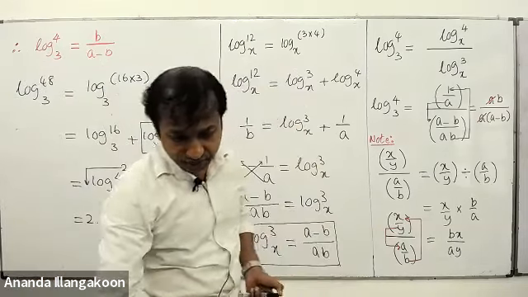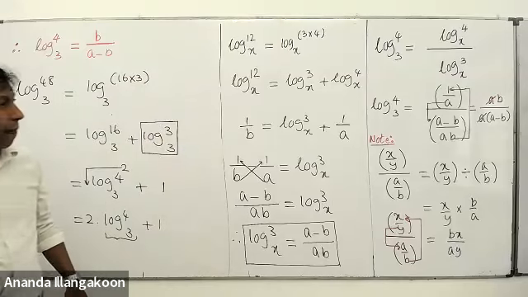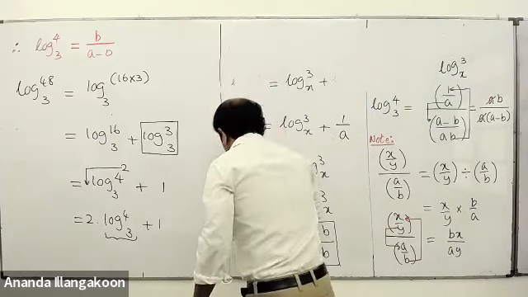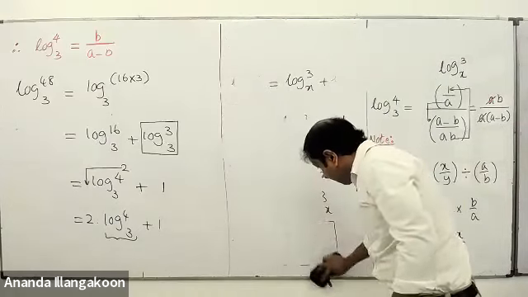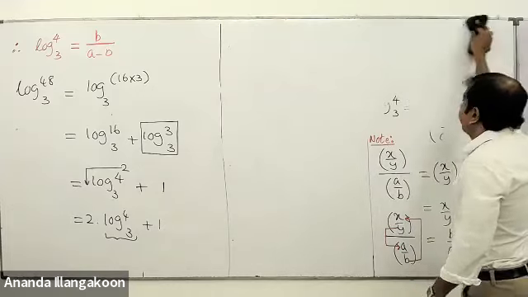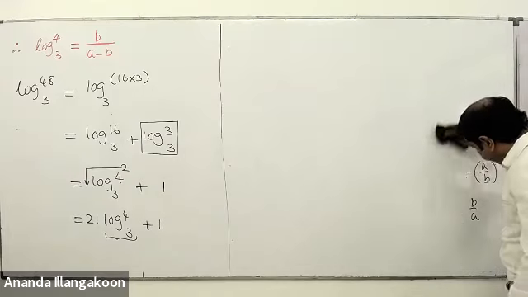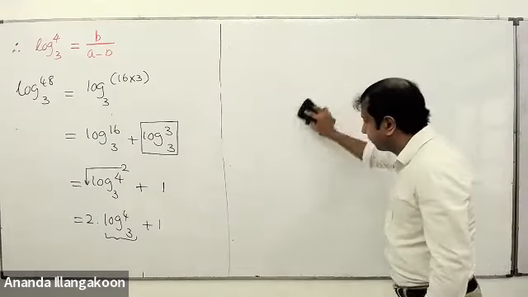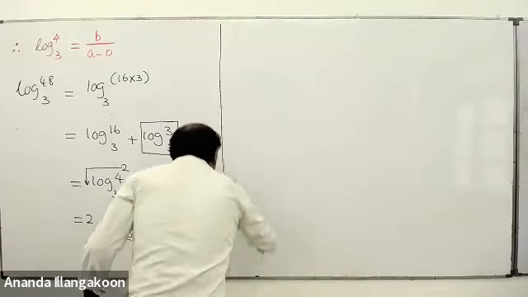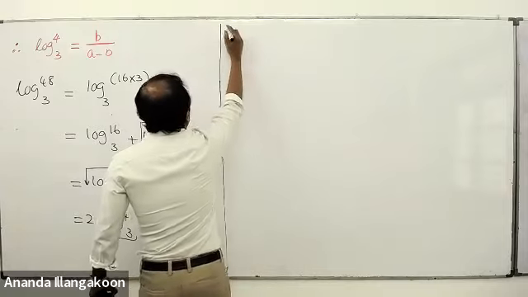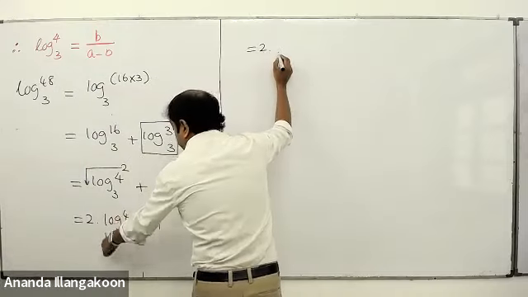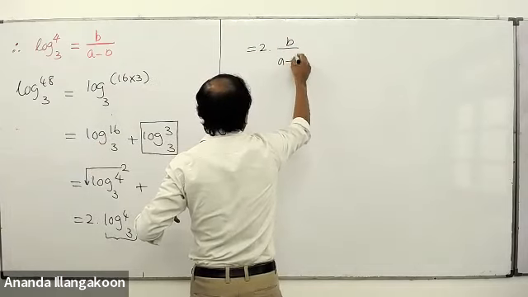All right. After that, people, start. Then here, 2 times this is 2 times b over a minus b.